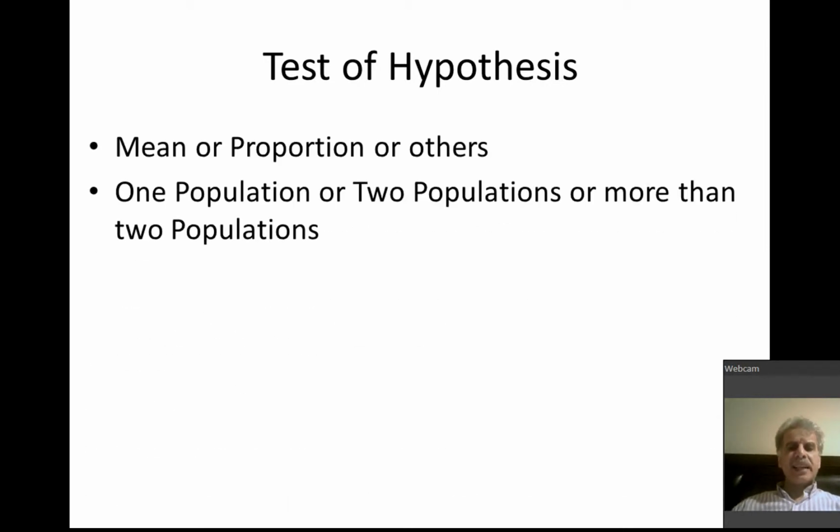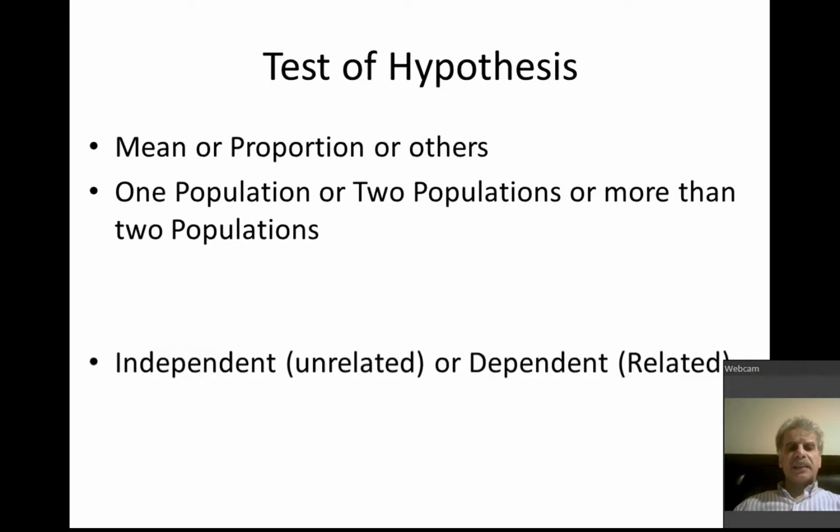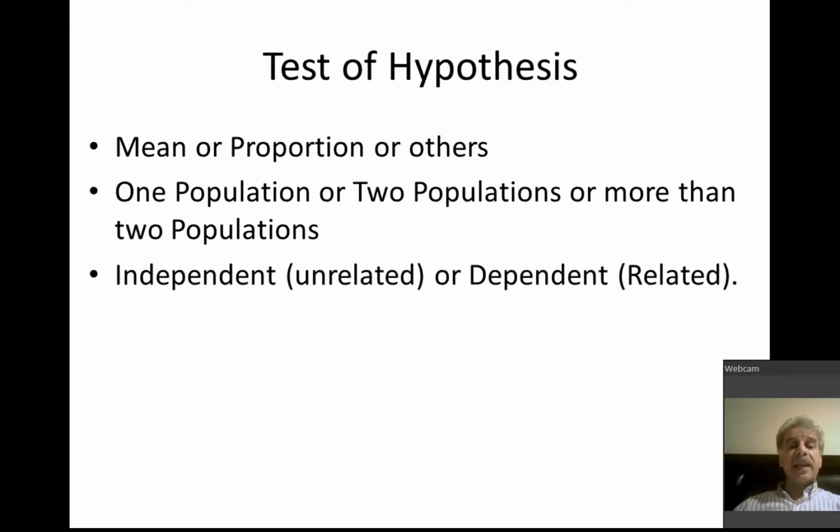The next thing I need to do is see if it's an independent or unrelated case, or a dependent or related case. When I read the problem, it says dealing with the patient before and after. So it's the same patient. Therefore, we call this a related case, dependent case, or sometimes paired observation.